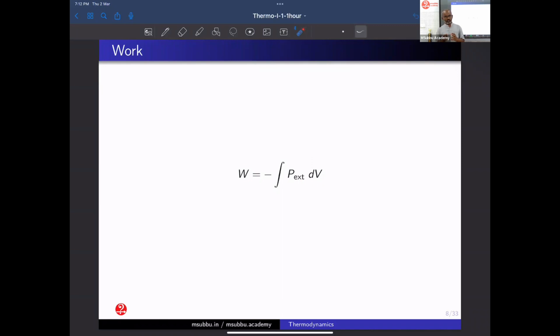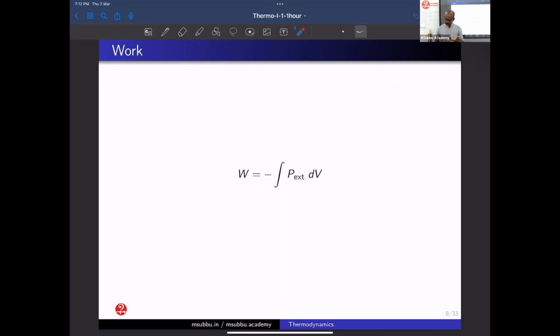The work added to the system will come as positive because dV is negative for a compression. dV refers to final minus initial, and the final volume is less than the initial, so definitely dV is negative. With the minus sign already there, work will be a positive quantity. Whatever you add to the system comes as positive.